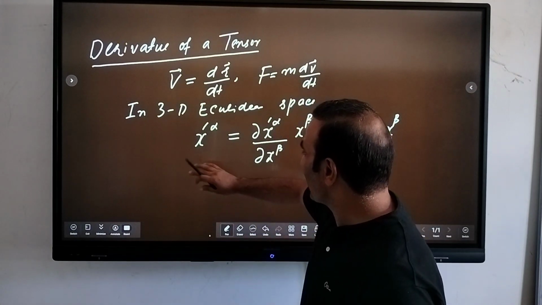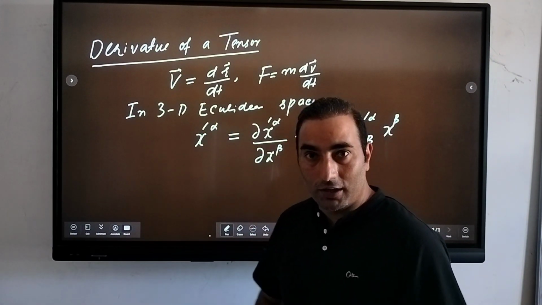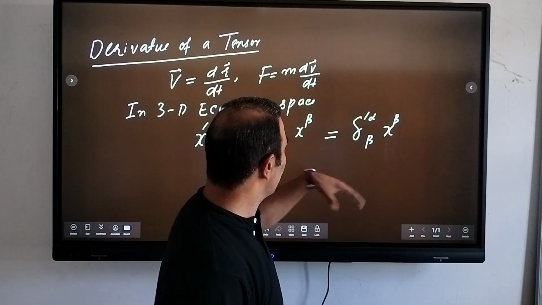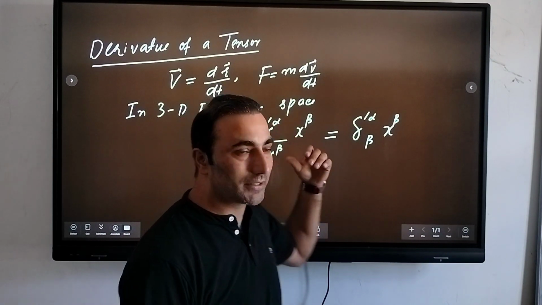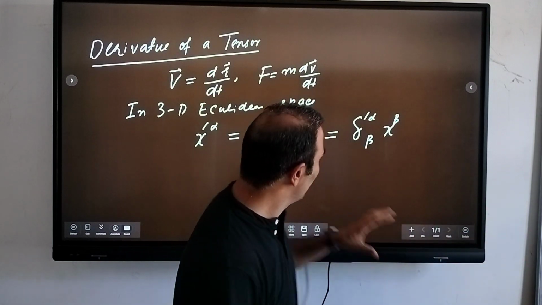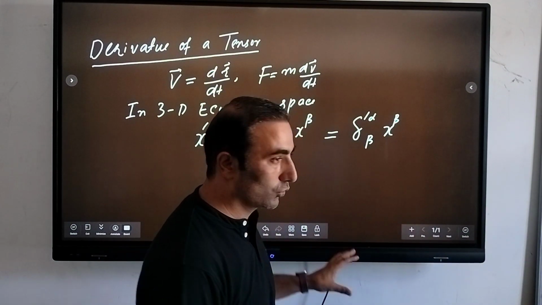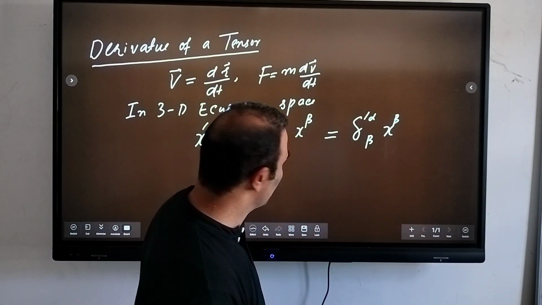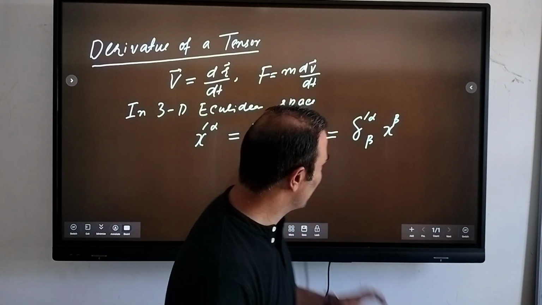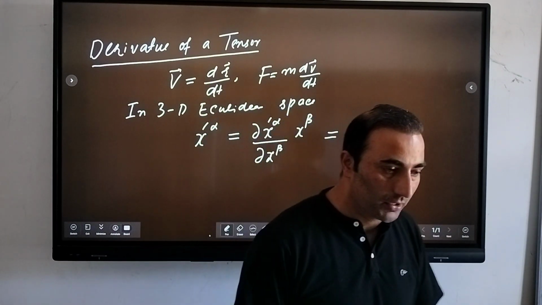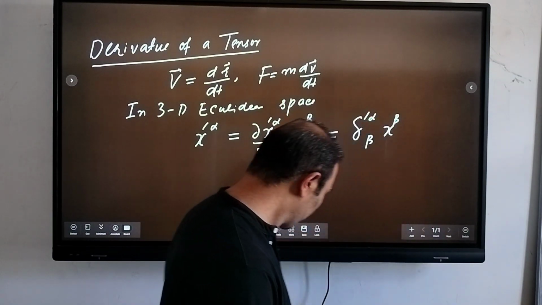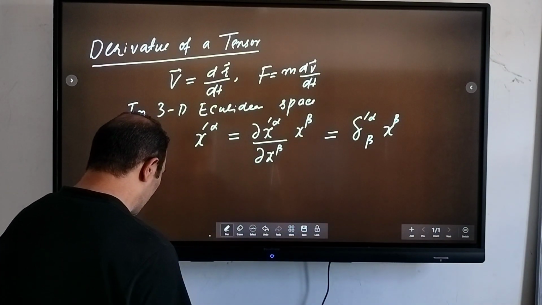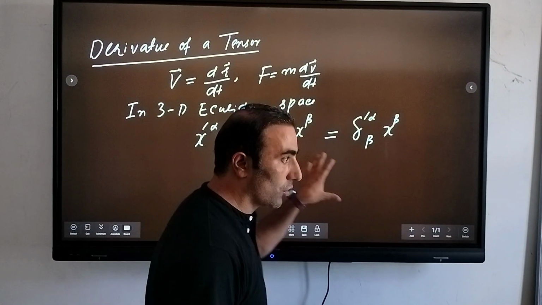So if I have some tensor of some rank, after transforming we are getting another tensor but of the same rank, right? With the help of this transformation matrix, you are basically transforming it from alpha prime to beta.